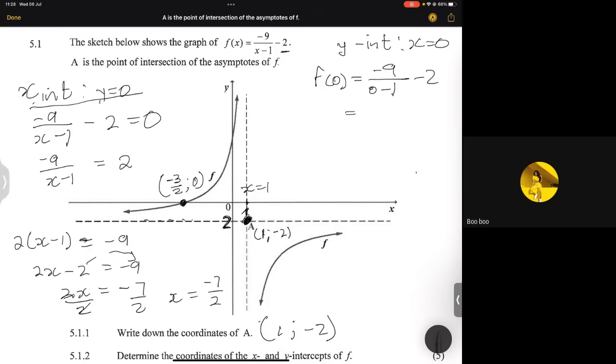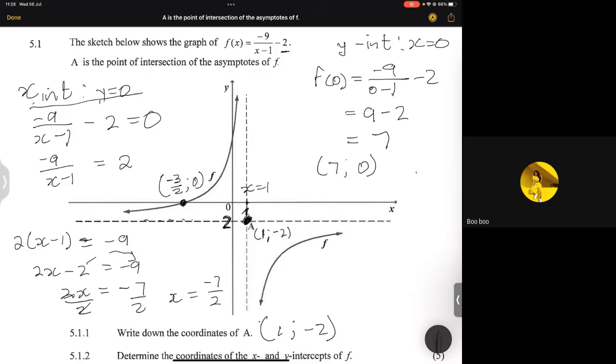Okay, so we've got, in this case, negative 9 divided by negative 1. That would give us positive 9 minus 2. And in this case, 9 minus 2 would be positive 7. Right? So this means that our y-intercept would be 0 and 7.